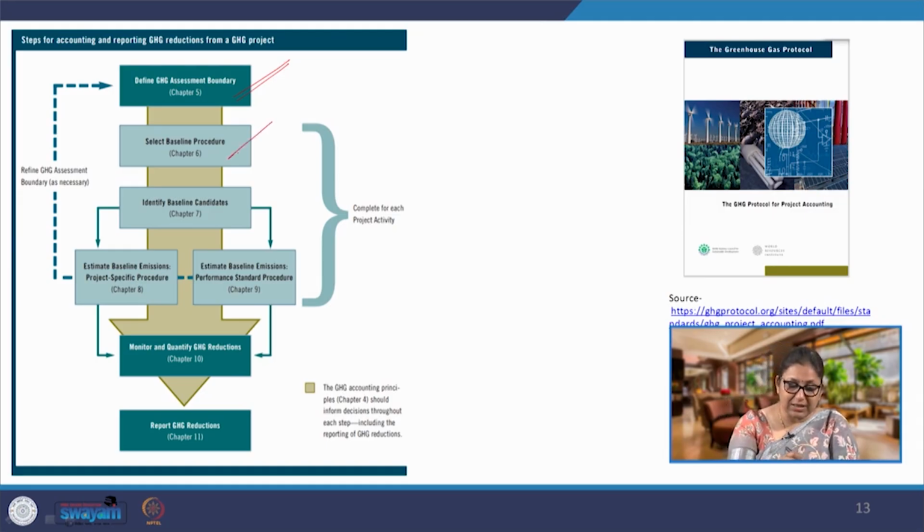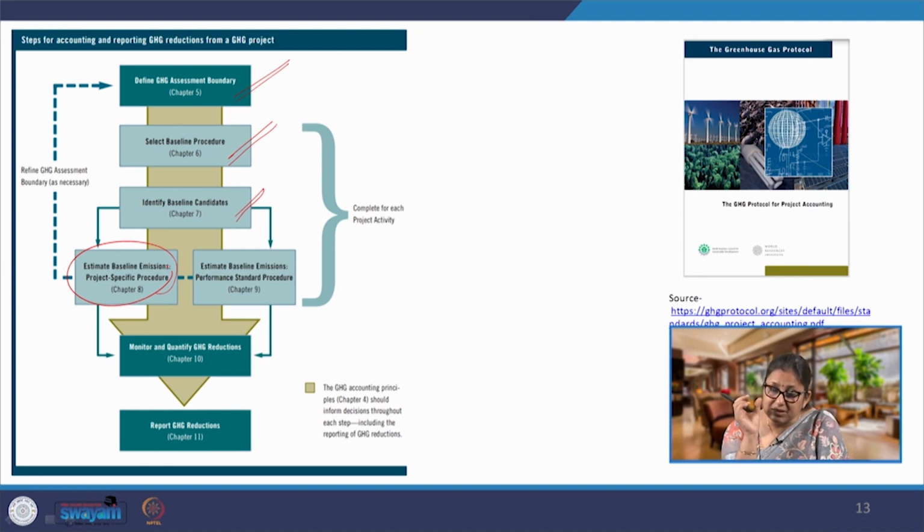We select the baseline procedure and identify the baseline candidates as we have just talked about, and we estimate the baseline emissions, which could be by the project specific procedure or the performance standard procedure. Either of the two procedures we will use. A lot of information related to project specific procedures you could find on the India GHG program.